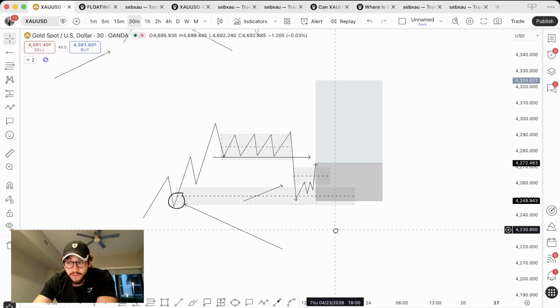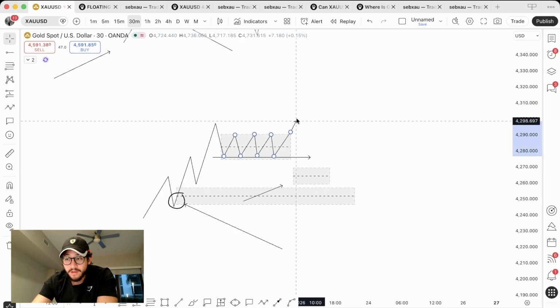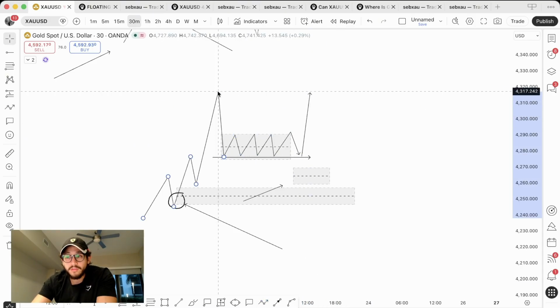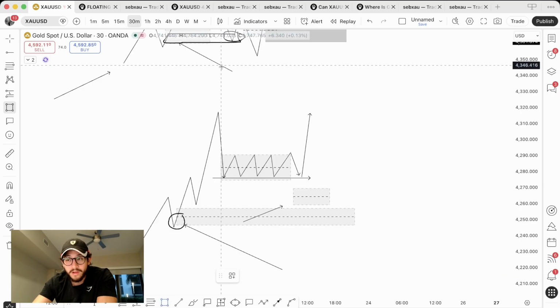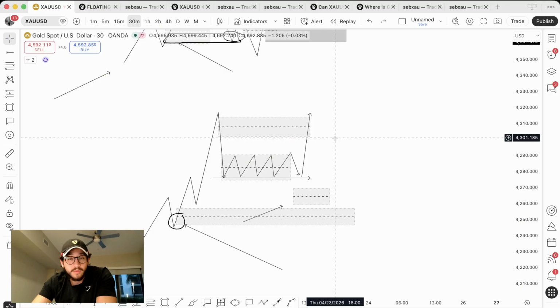Right? Same story goes on the other side. If the market would have manipulated the highs, if the market would have manipulated all of these highs over here, most likely price is coming back to retest a bearish fair value gap. So what are you guys going to do here?